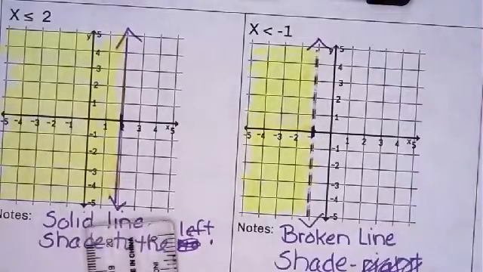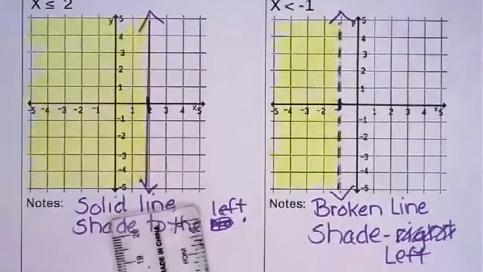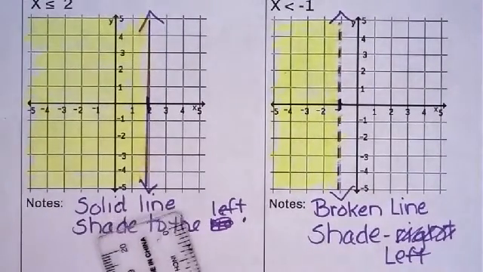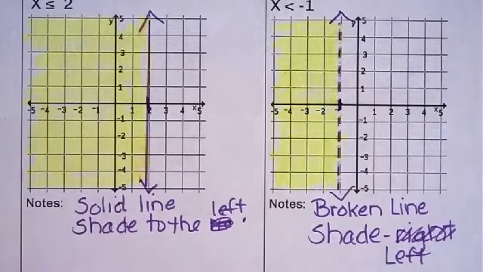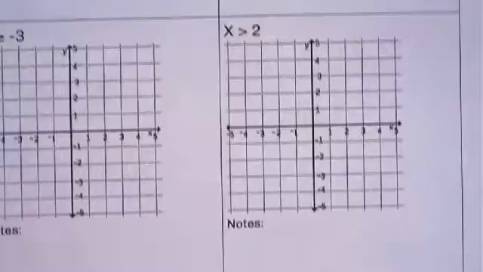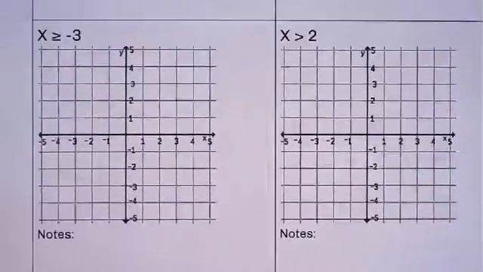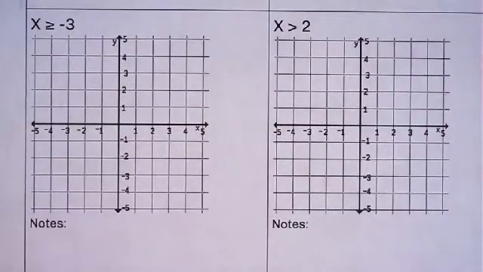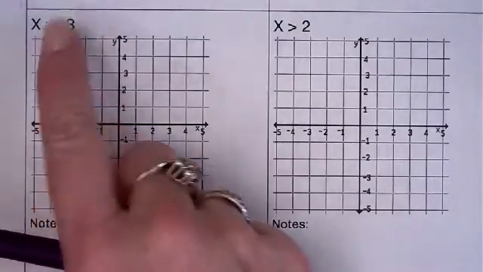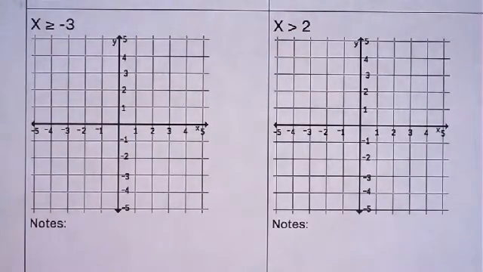Okay, there we go. Now that we've got our dotted lines correct, we've got our shading correct, everything, go ahead and pause it. Make sure you've copied it down, and we'll do our last 2 examples. Now, last 2 examples, just like on the first page, they're both greater than. So we got greater than or equal to, and we got greater than. So what does that mean for us?